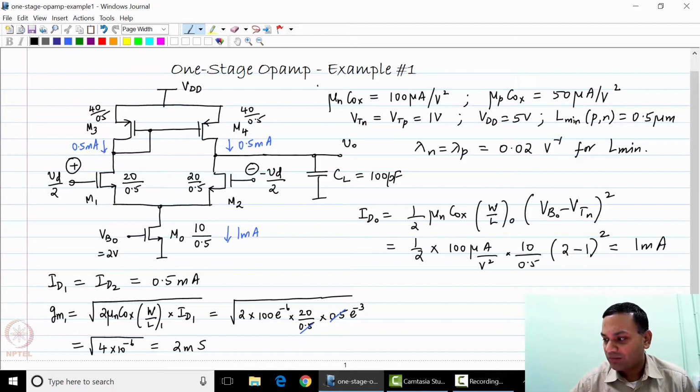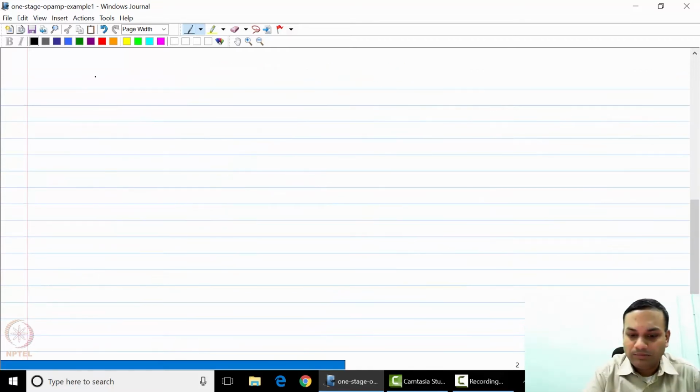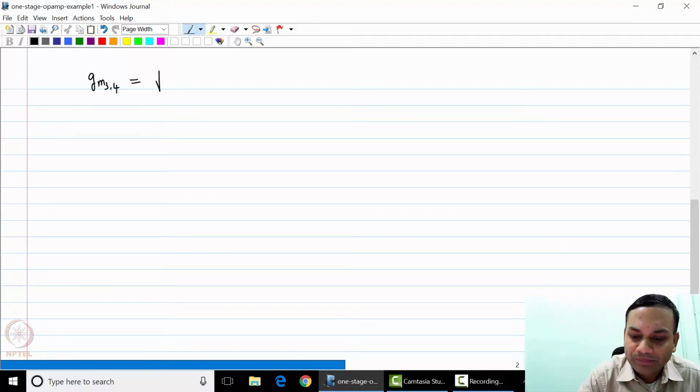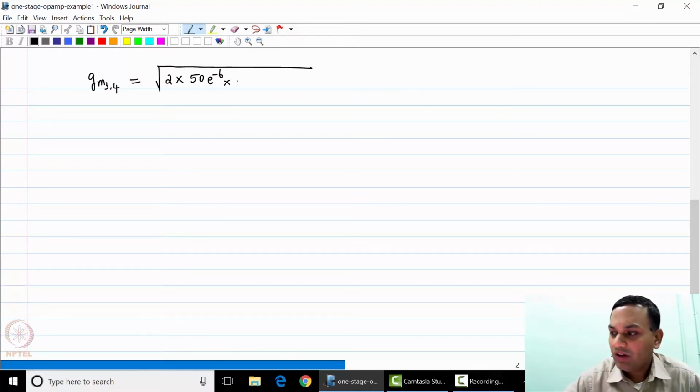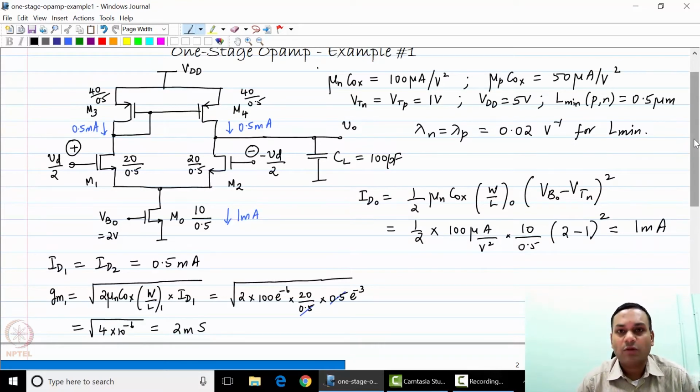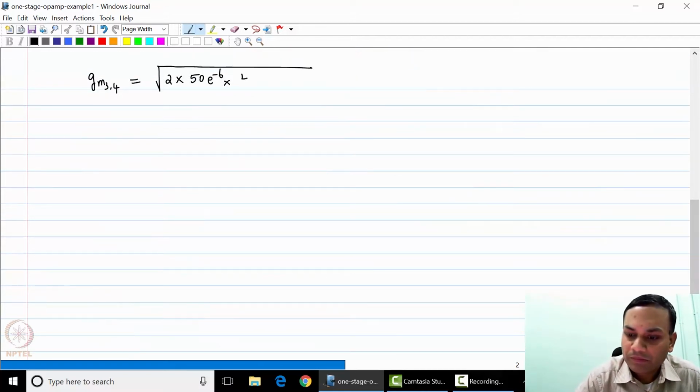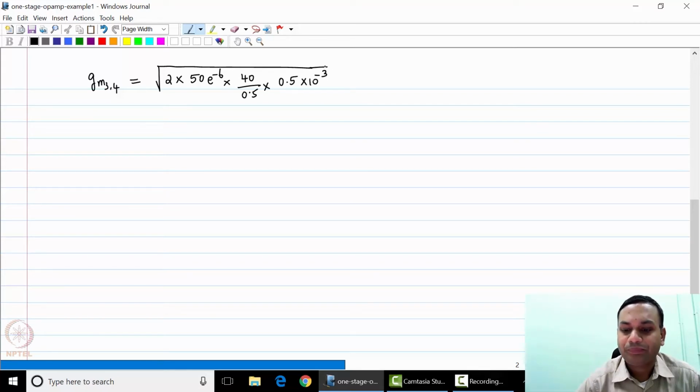Let us now calculate what the value of GM3 and GM4 is. GM3 or 4 is root of 2 into mu P Cox W over L, which is 50e minus 6 into the W over L of the PMOS transistors, which is 40 over 0.5, into 0.5 into 10 power minus 3.